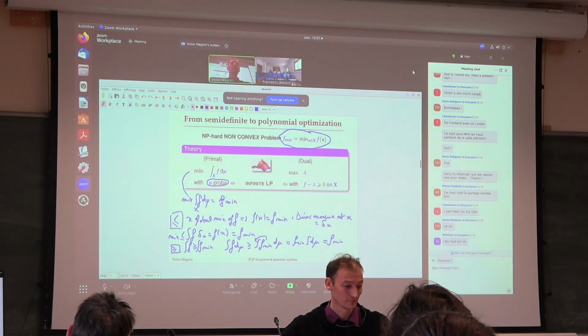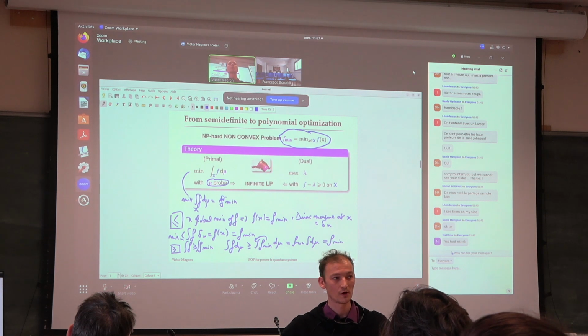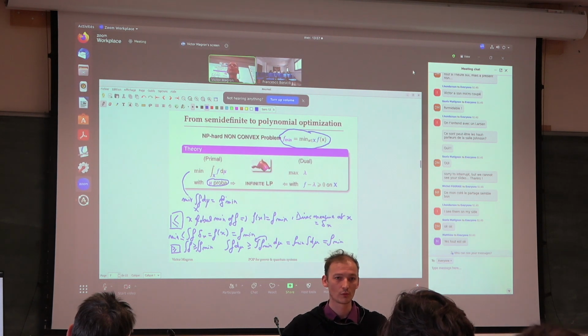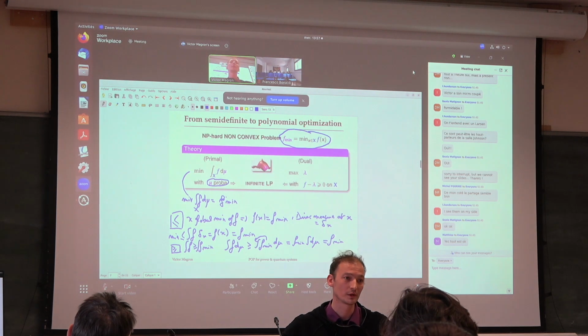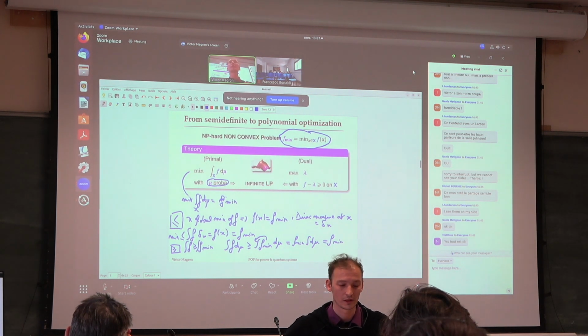So, okay, then it means that you can actually transform the nonlinear finite dimensional problem into a linear infinite dimensional problem. So it's completely useless, right? Because you don't know how to solve the infinite dimensional linear program. But then we will see how to approximate it quite efficiently. And so here I wrote the dual.